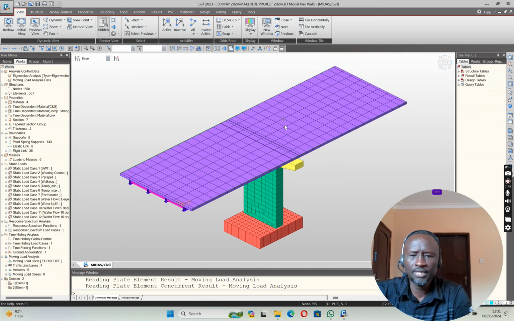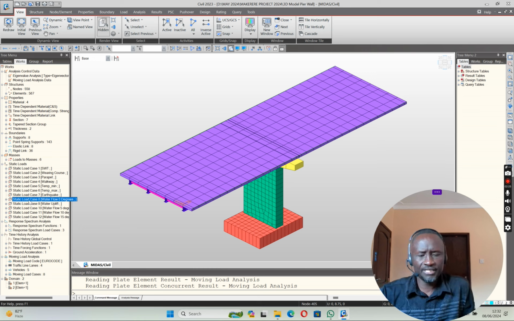So if you look at this, you consider the flow is from right to left in this direction. So when you look at the flow of water, the orientation, normally we are going to look at about four scenarios.